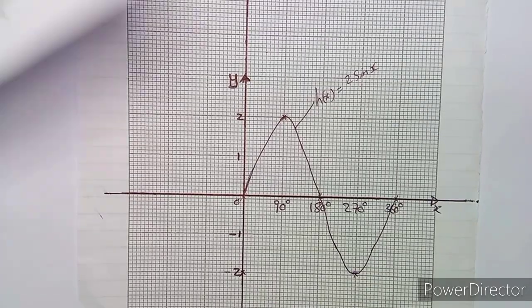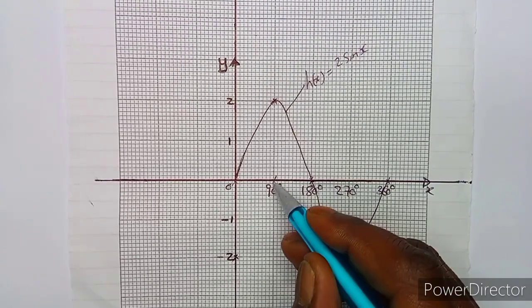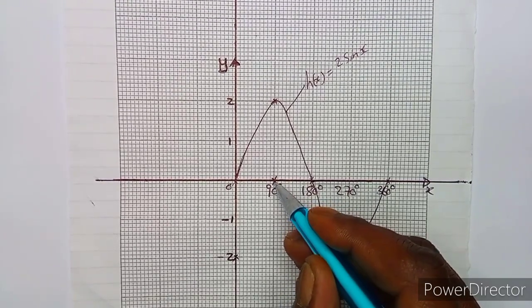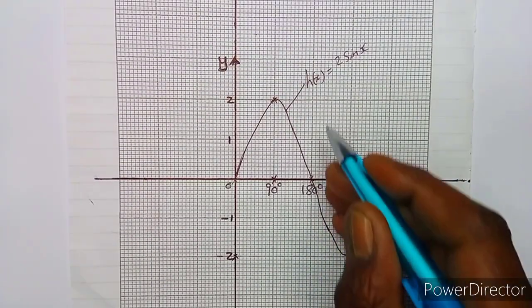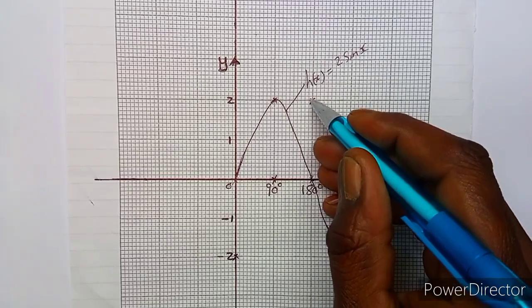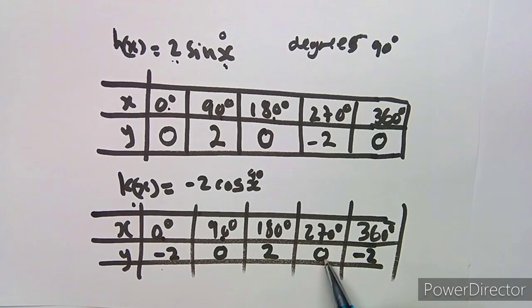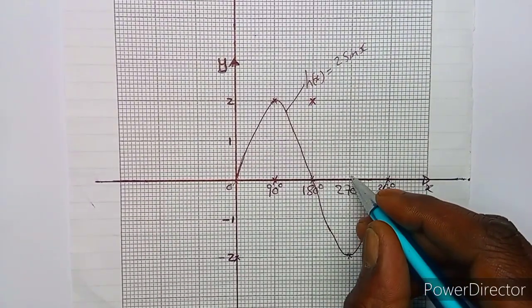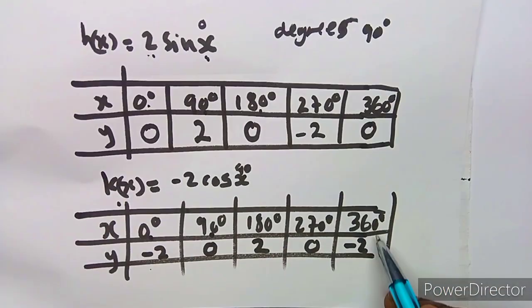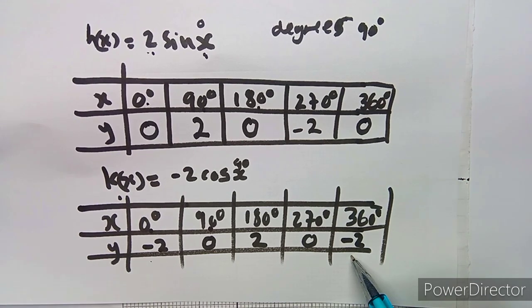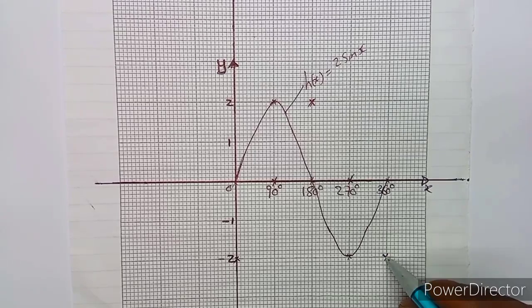Okay, 90 versus 0 here. 180 versus 2 here. 270 versus 0 here. And 360 versus minus 2, like this.